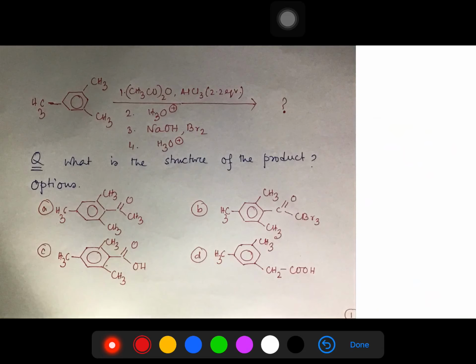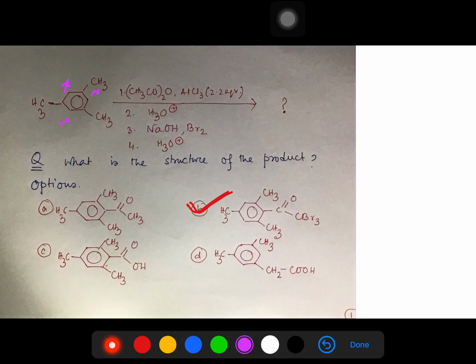So in conclusion, what is the answer? Ultimately, at the end of this reaction, this B will be the remaining product. Now in summary, what we have learned today: first of all, this is a Friedel-Crafts acylation. These 3 positions are equivalent, so it will be a ketomethyl insertion as we have taken acetic anhydride. Point number 1.